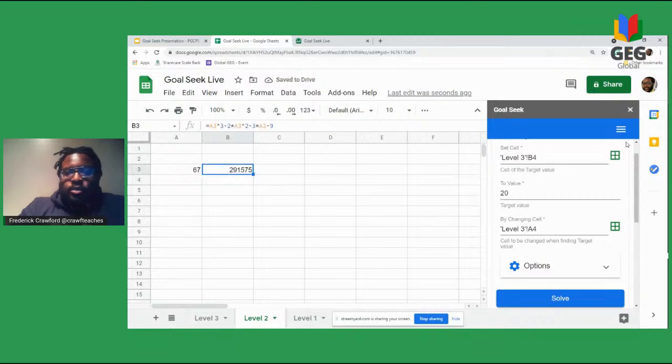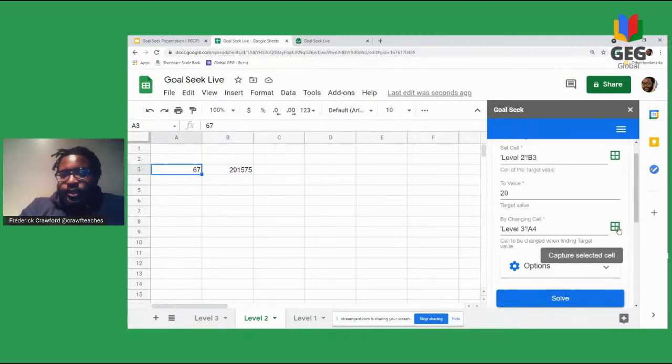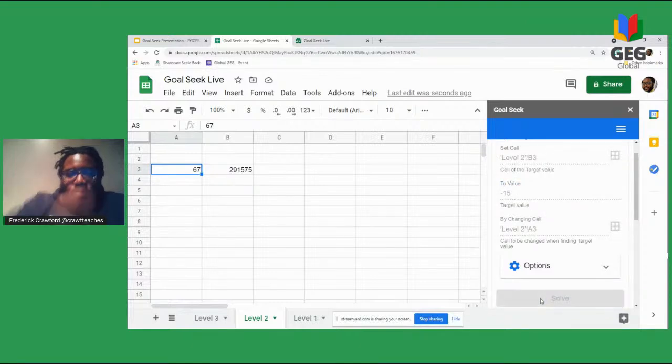Now what I'm going to do is set this as my set cell. Then I'm going to go down here and make this my by changing cell. And I said that it was equal to negative 15. So let's see what happens once we start solving.